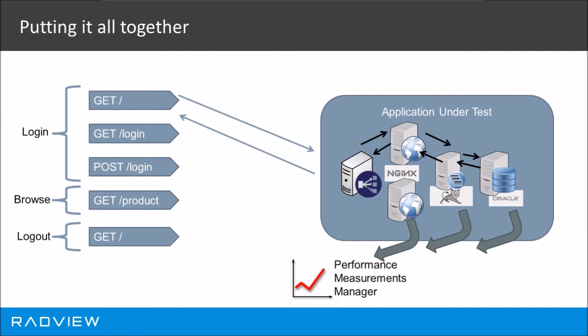So if AppDynamics says, hey, this database call caused some issue, it's hard to track it all the way back to WebLOAD. Enter the integration. The WebLOAD integration into AppDynamics allows you to do that.